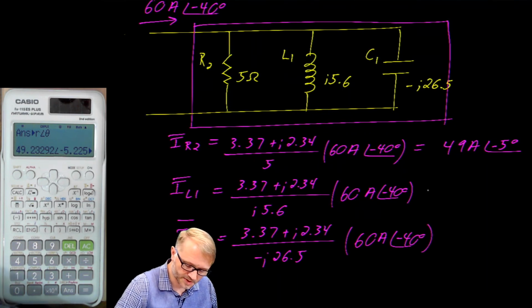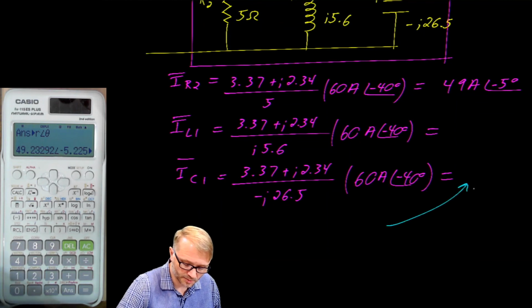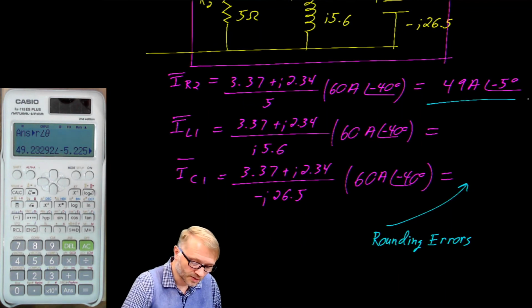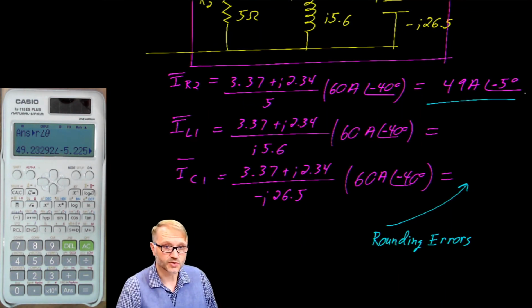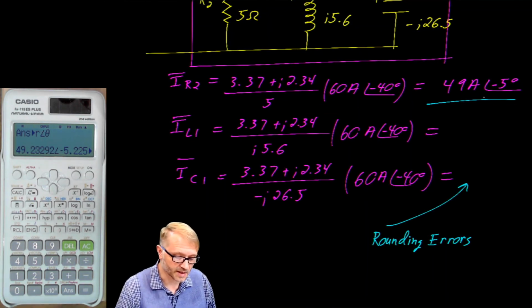And I will leave it up to you to calculate these other pieces. And when you do, don't be surprised if there's rounding errors. In fact, you already saw that. We calculated current using 2 different methods, and we were close, but not exactly with the same numbers.